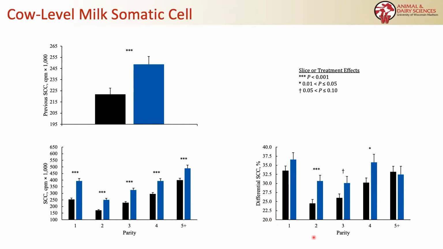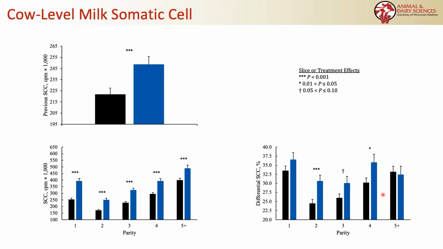That gives us more of an insight than just somatic cell alone. And interestingly, we saw numeric increases in first through fourth parity, but significant increases in the second, third, and fourth parity in differential somatic cell count in cows predicted to have subclinical ketosis.